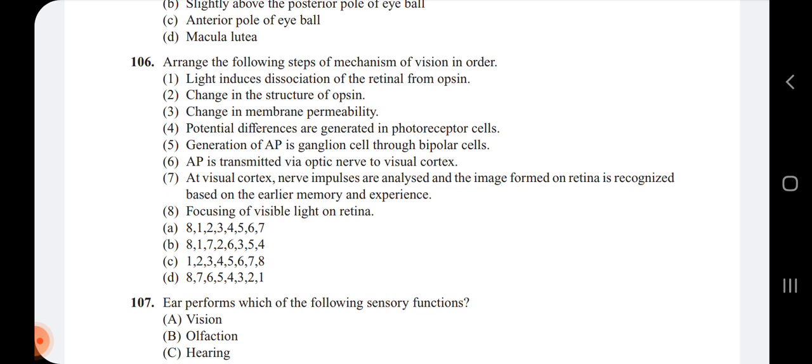When the light rays reach the retina, the retina consists of photopigments, called opsin and retinal.